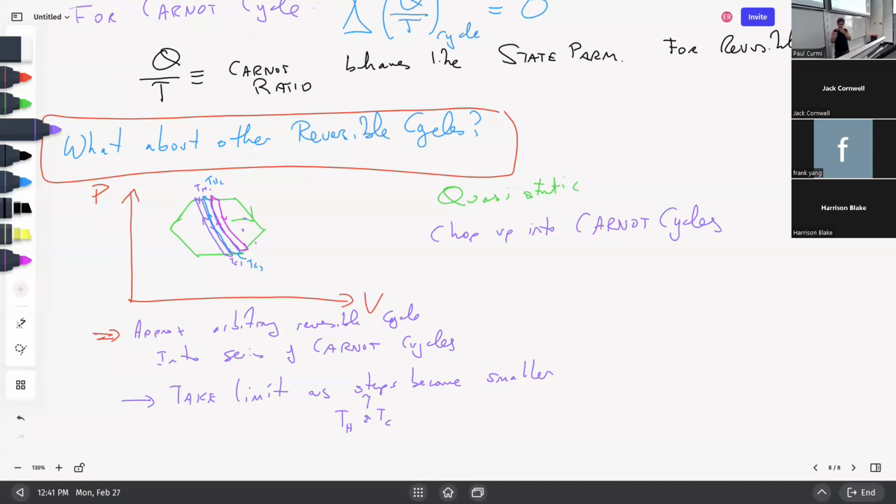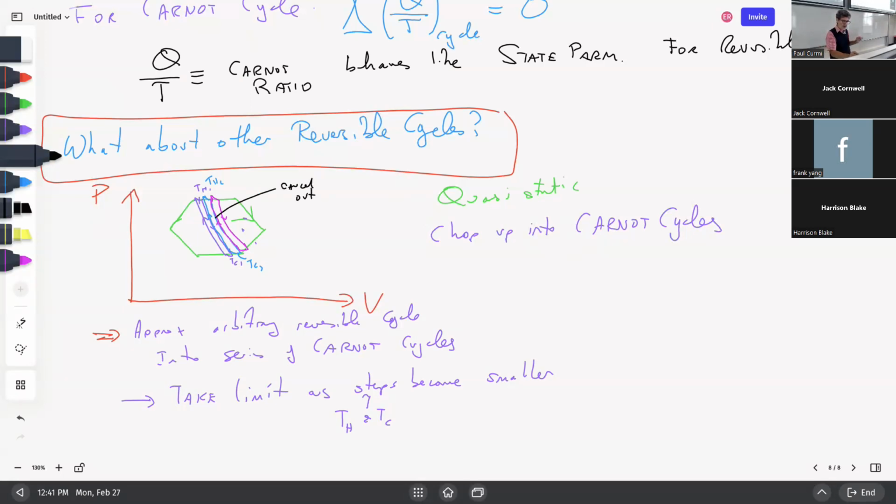Basically, every single bit of this is reversible. It's just a series of Carnot cycles, and those bits, the boundaries in the middle, cancel out. So all I'm left with is the green boundary. Jagged because it's all little Carnot cycles at all different temperatures.